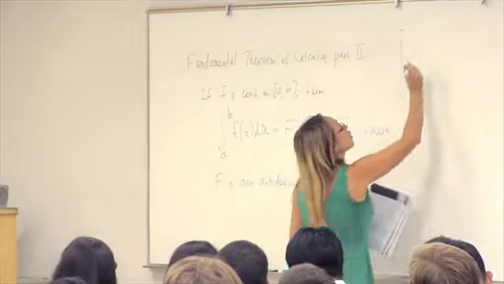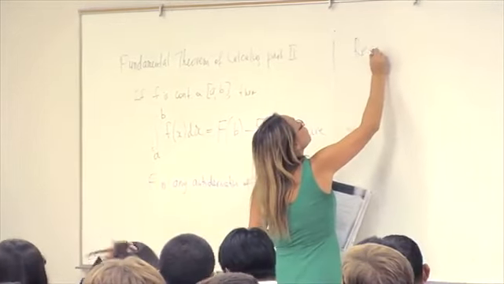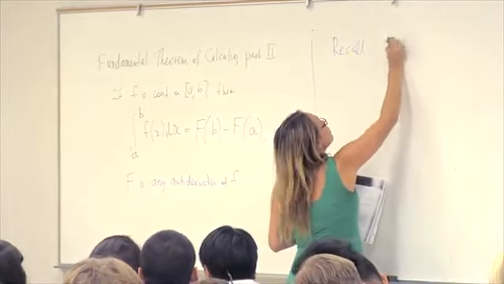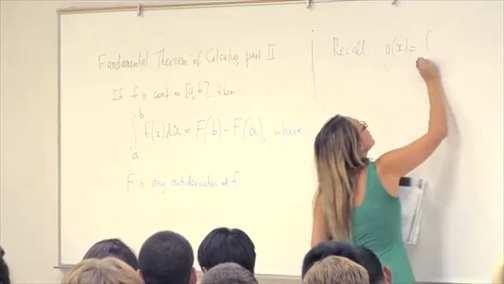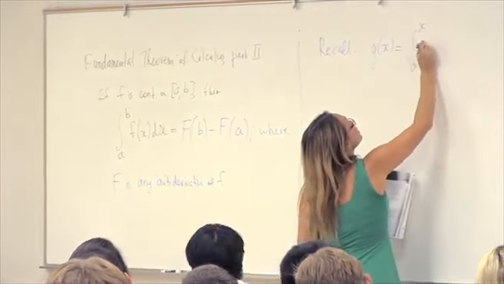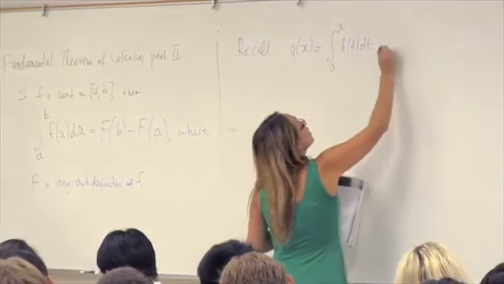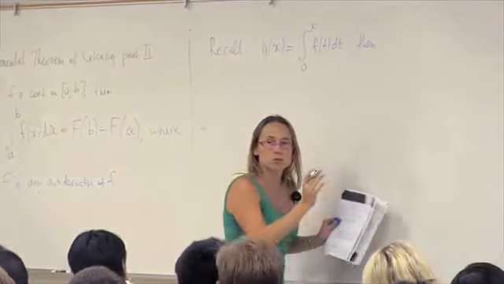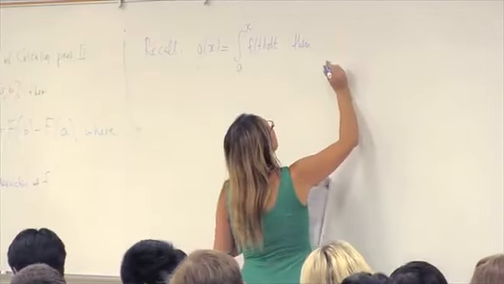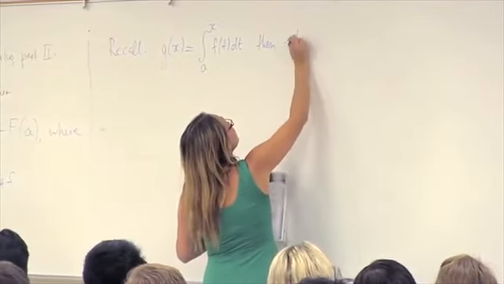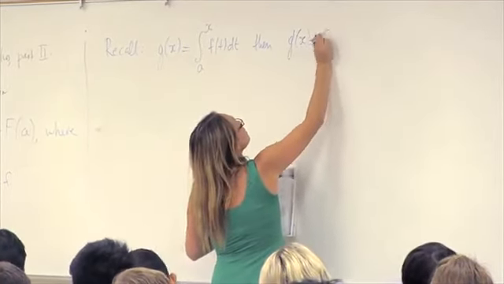So let's recall that if we define that funny function g to go from a to x of f of t dt, then according to the fundamental theorem of calculus, part 1, g prime of x is f.